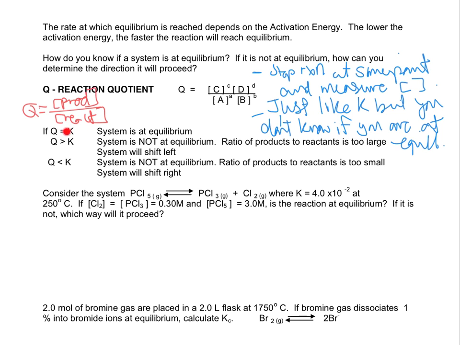And so to get rid of those reactants, you got to shift to the right to make more products so that your ratio of products to reactants goes back to what it should be at equilibrium. Okay, so if Q is equal to K, the system is at equilibrium. If Q is greater than K, then you have too many products, so it's going to shift to the left to make more reactants to make up for that. If your Q is less than K, that means that you have too many reactants, so it's going to shift to the right to make more products to balance that out.